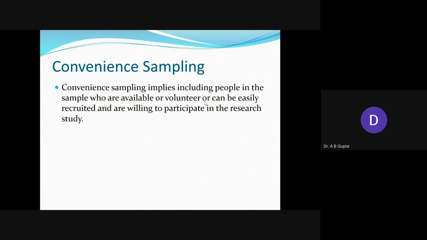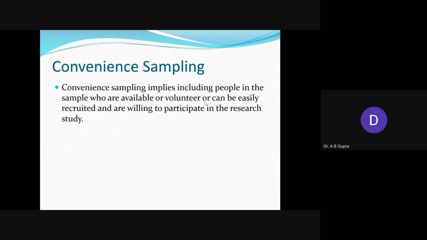Then another method is convenience sampling. Sometimes you want to collect information from people who may not be easily available. It will be very difficult to go to the people and collect information. So in convenience sampling, we try to find people who are easily available and easily approachable. You will be able to find people who would like to volunteer.